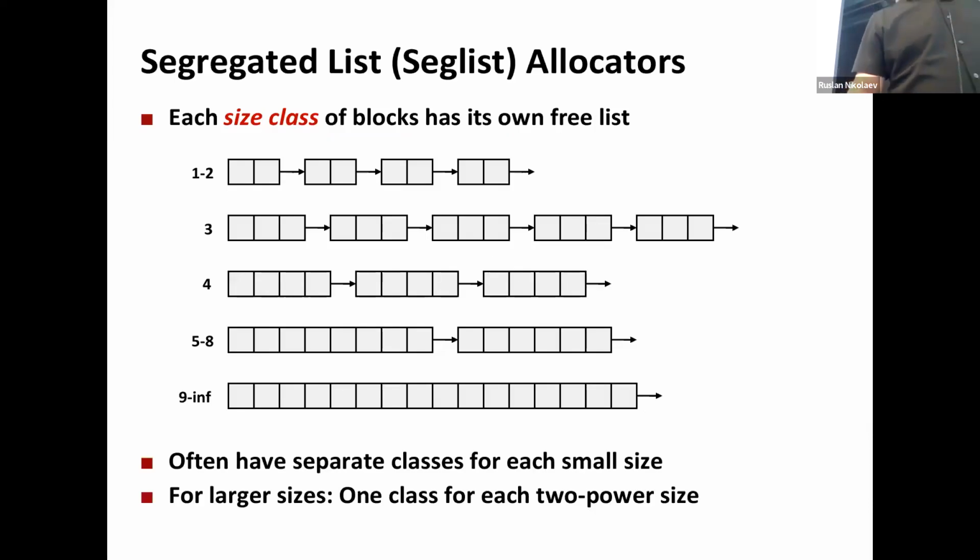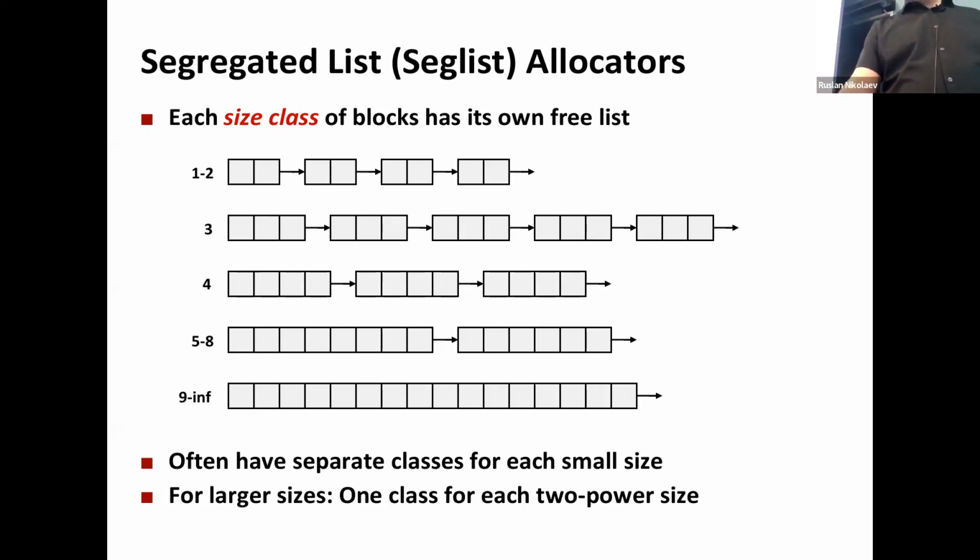You can create for each size class of blocks its own free list, right? So you can say, okay, if it's 1 to 2 words, use that list, 3 words, different list, and so on. You create different classes, and now you have a lot of different explicit lists.